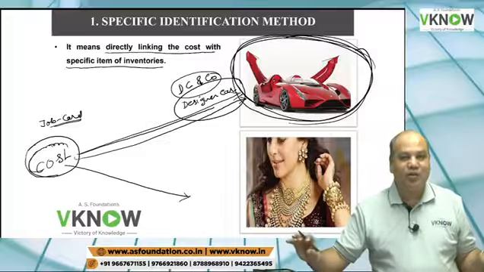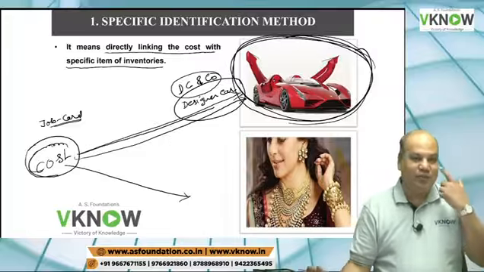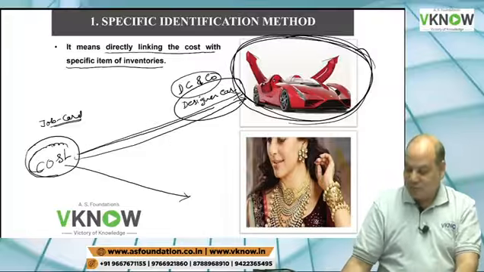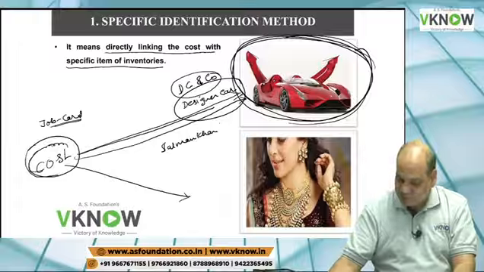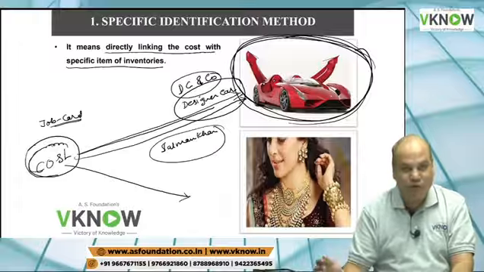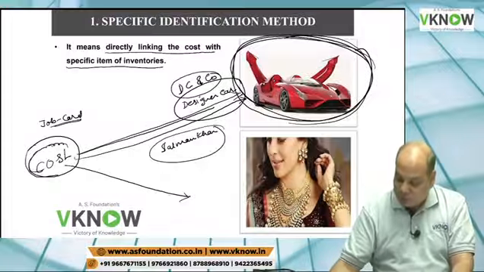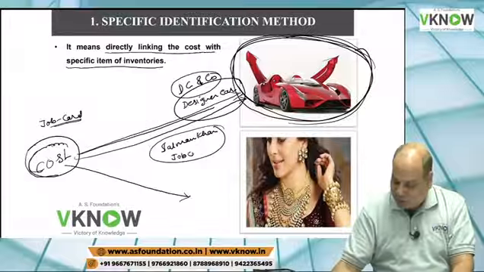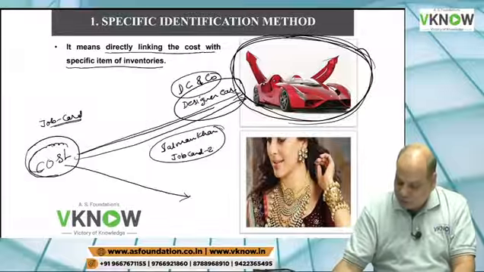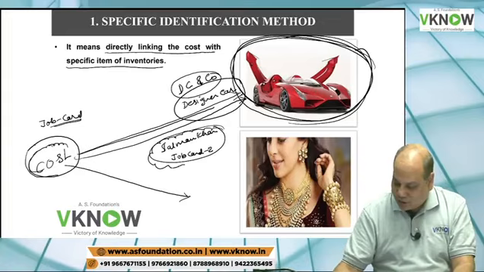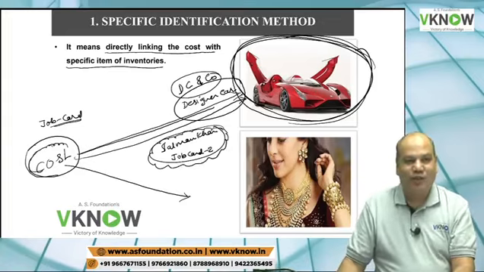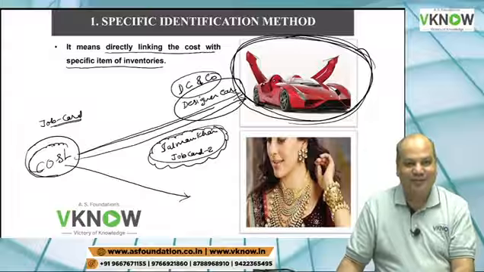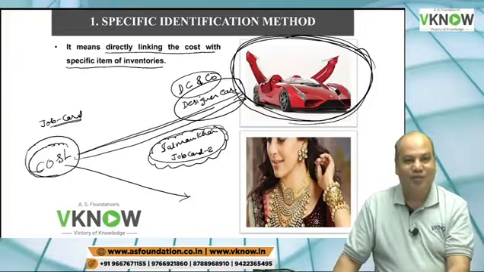Another customer wants some other car designed for him with some different feature. So suppose Salman Khan also goes. Salman Khan says to DC, design one car for me also. He will open one more job card number 2, and all costs incurred for the car which is to be delivered to Salman Khan will be separately valued.